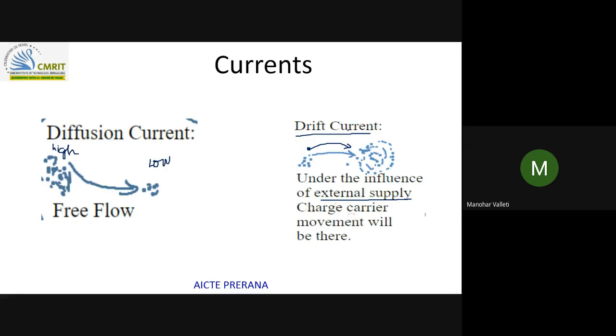Under the influence of external energy, if the charge carrier is moving, then that is drift current.